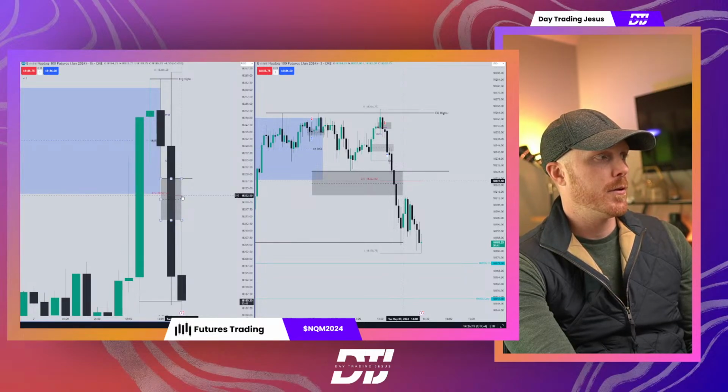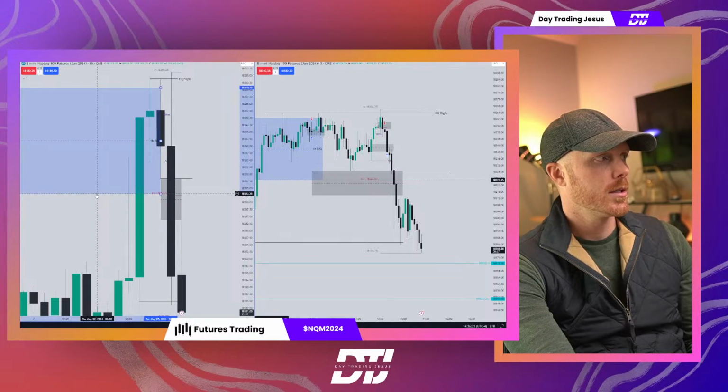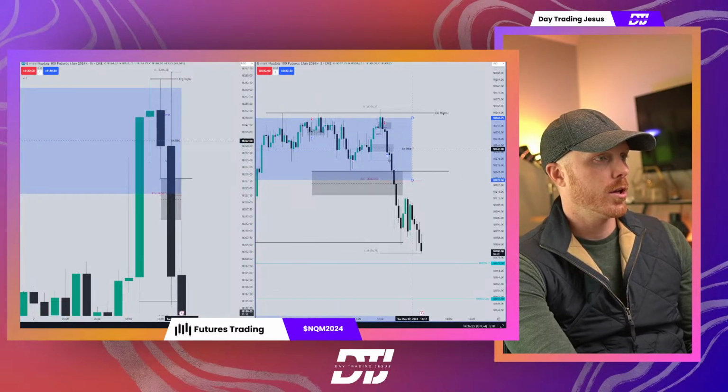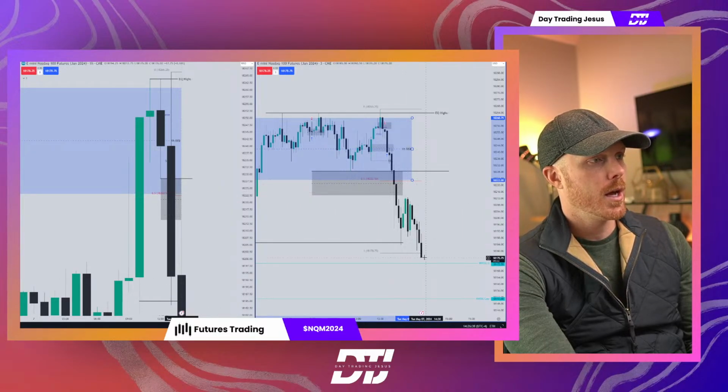We have the 50% mark of this entire range, but also look at this blue box. This blue box is the 1 hour fair value gap from a while ago. And look at the low. Sometimes price will come up and just touch the low of a higher time frame fair value gap and then move lower. Obviously, looks like price is just way too heavy.